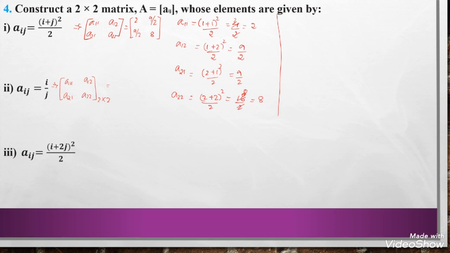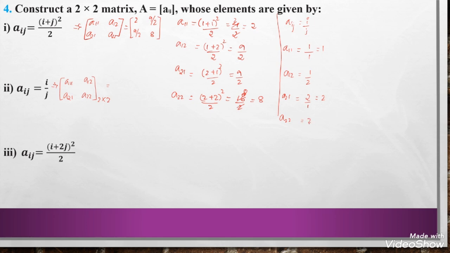Again first we check the condition: Aij is equal to i by j. Now the first element A11, second A12, A21 and A22. First one, i by j, 1 by 1, that is 1. Here i by j, 1 by 2. Third one, 2 by 1, that is 2 only.